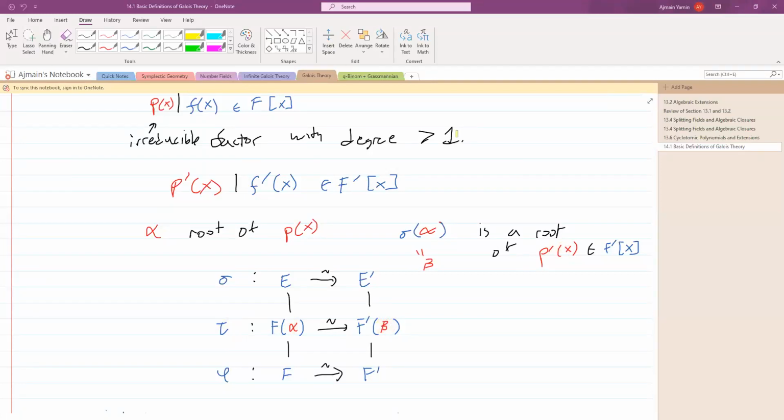So sigma determines beta, and beta gives you some sigma, which then gives you back the same beta, right? So picking a sigma determines beta.